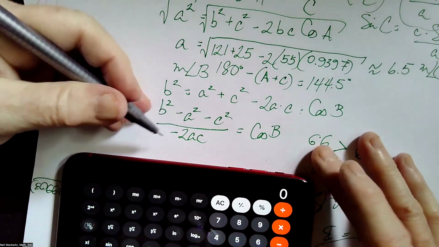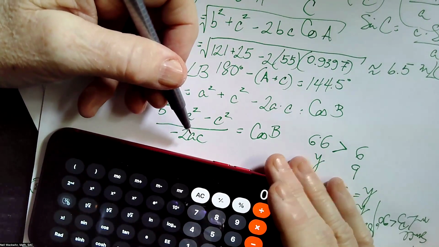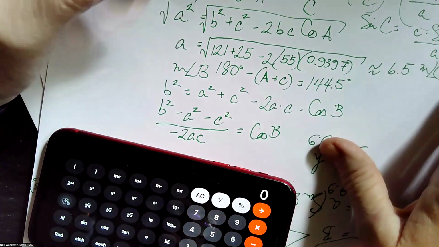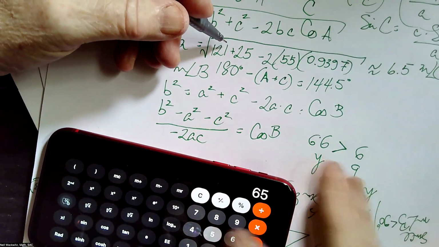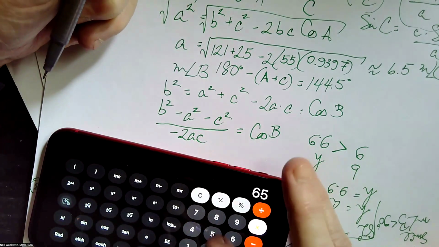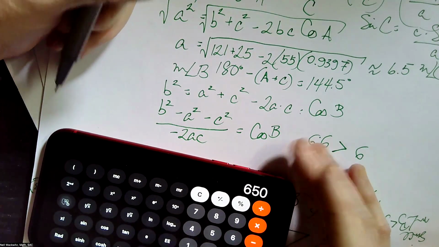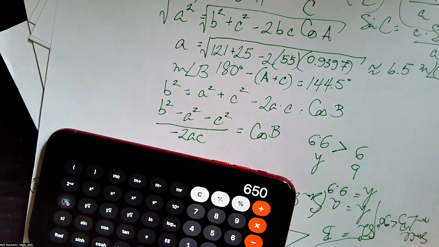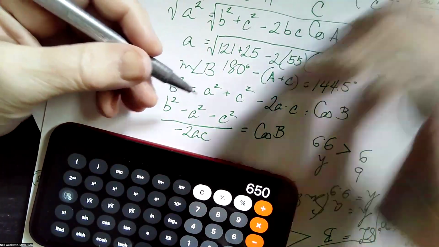Let's get this product in the denominator. So a is 6.5. So we have 6.5 times 5, oh, times 2, duh. So we get 65.